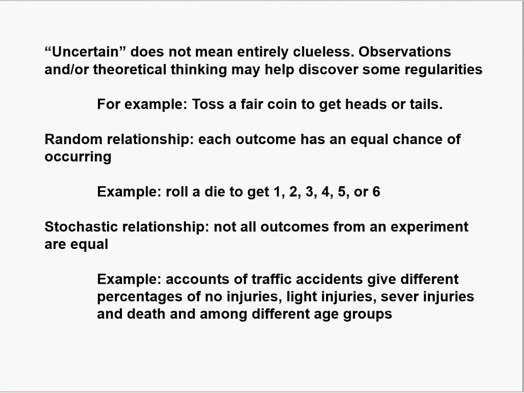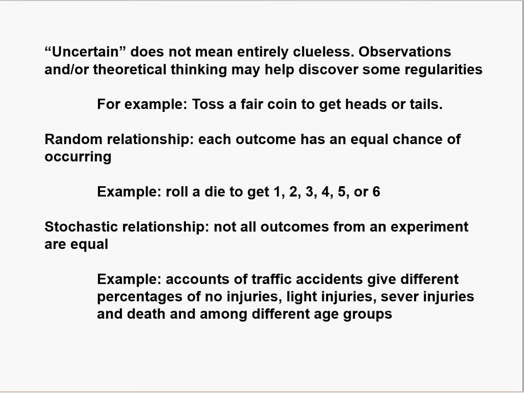Of course, when we say the response from one variable is uncertain to the other variable, it does not mean that we entirely have no idea what is happening. Through observations, through theoretical thinking and theoretical reasoning, we can really discover some regularities.